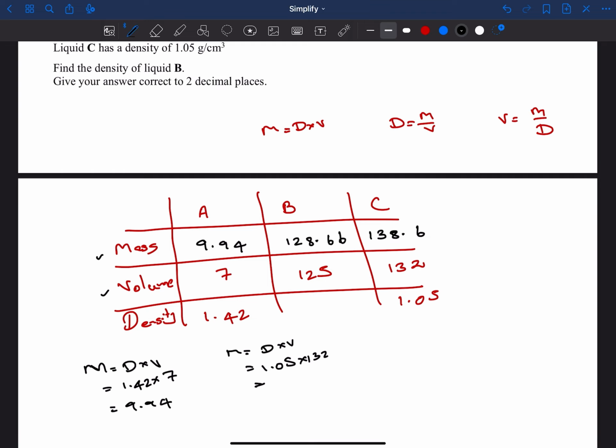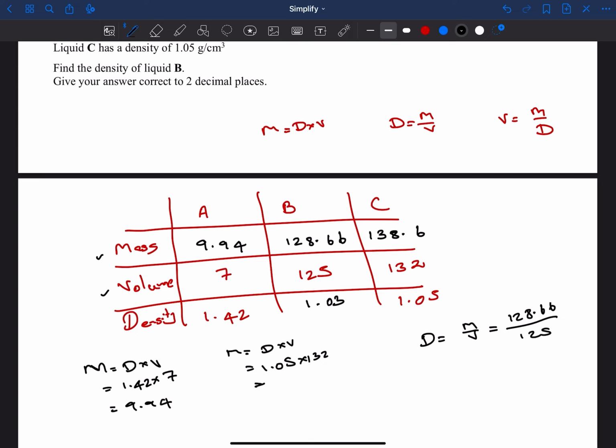Okay. And then I can do the column again now. Density is mass over volume. Mass is 128.66 divided by volume is 125. Answer to 2 decimal places: 1.03.